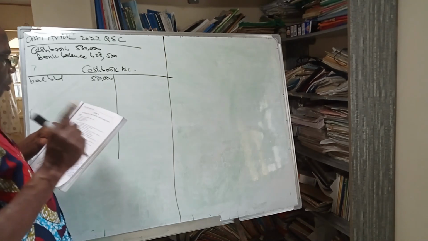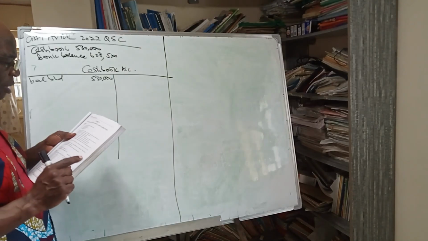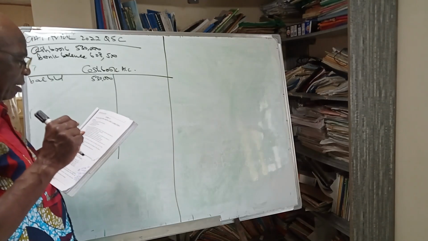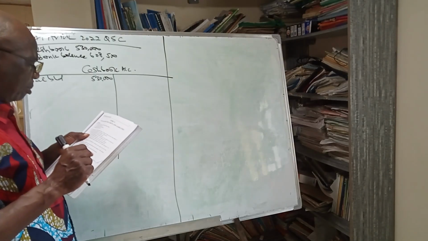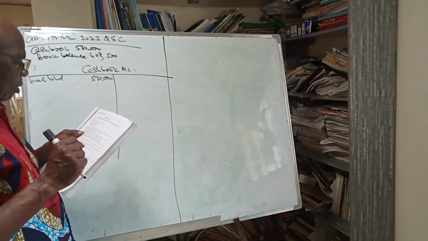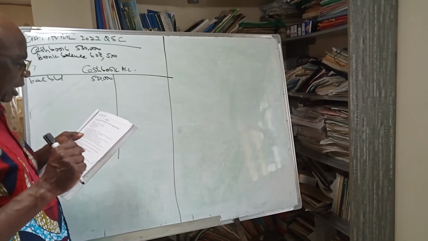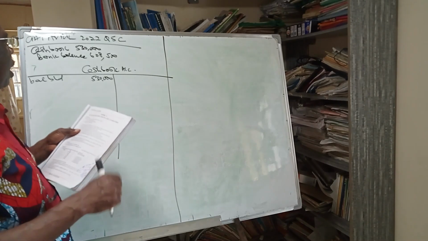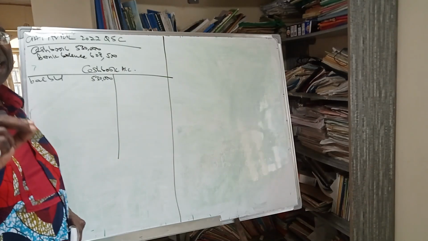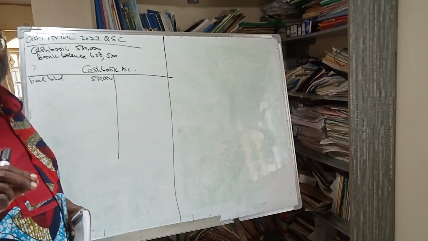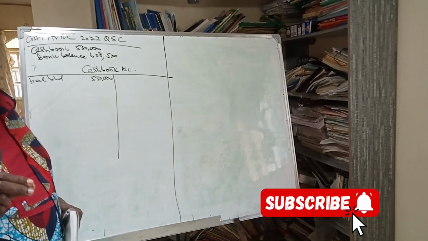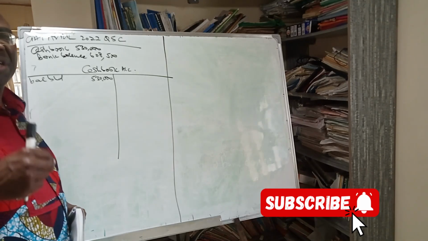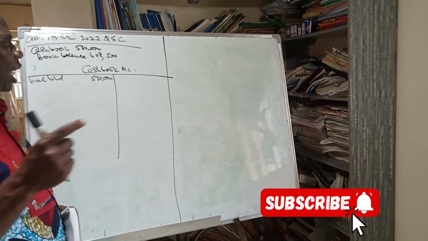A check received from a debtor of 92,000 and debited in the cash book was returned by the bank stamped insufficient funds. To understand how to treat a dishonored check, ask yourself what transaction we did when we received the check.